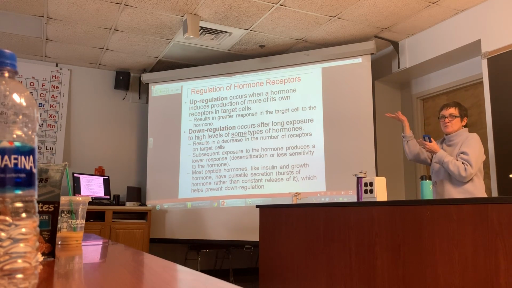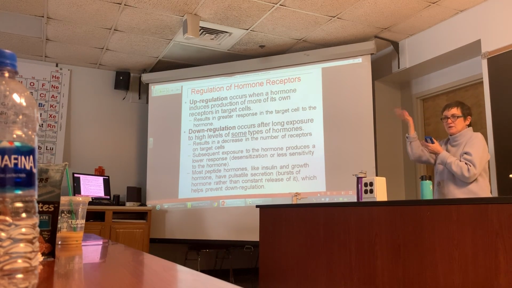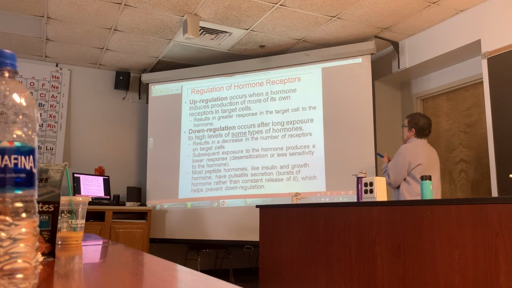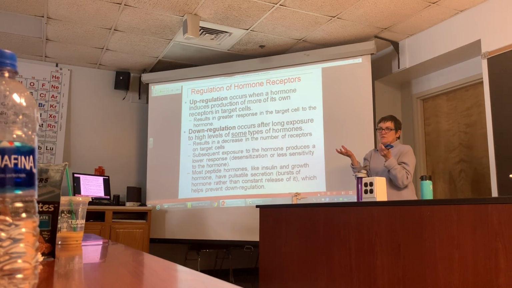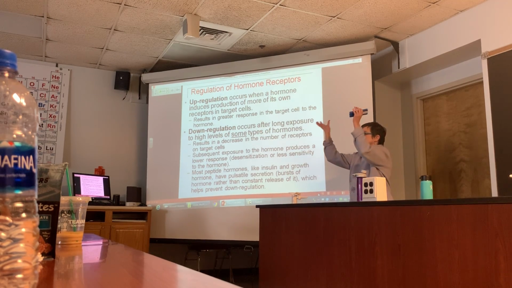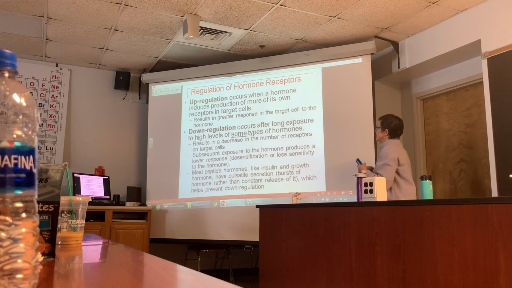Cells can put more receptors on the plasma membrane, and that's called upregulation, and this makes them more sensitive to that hormone. So when a cell is upregulated, it's going to start expressing more receptors. Now, when I say receptors, some receptors are internal inside the cell, some are on the cell surface. We'll talk about that later.